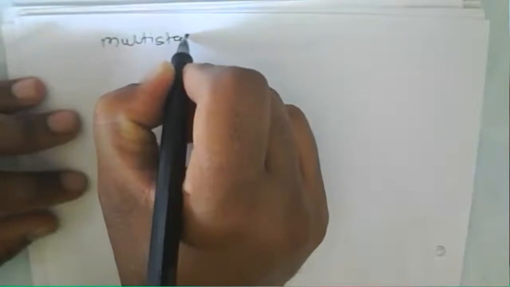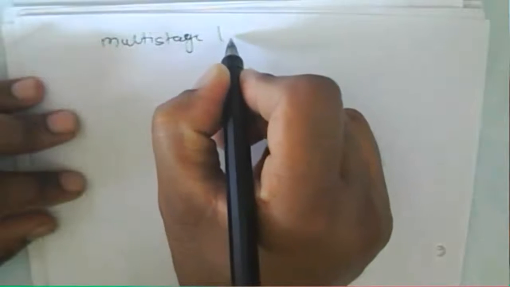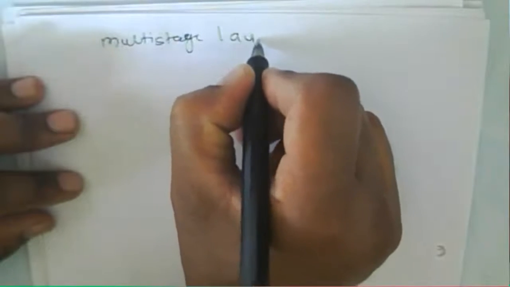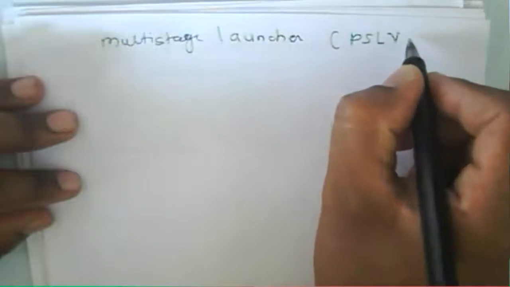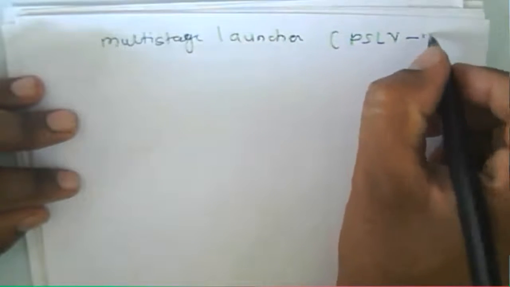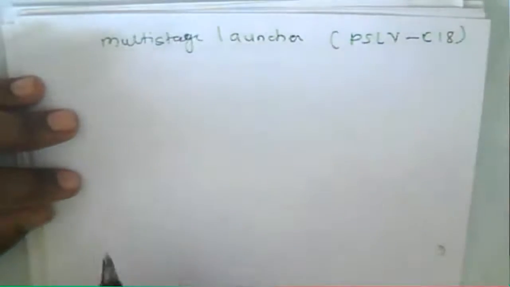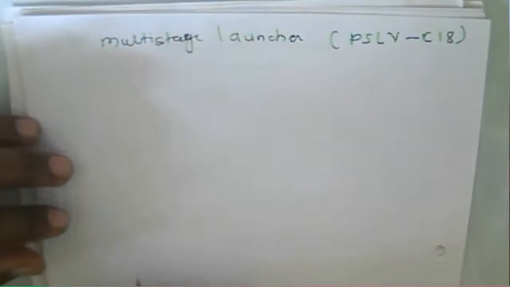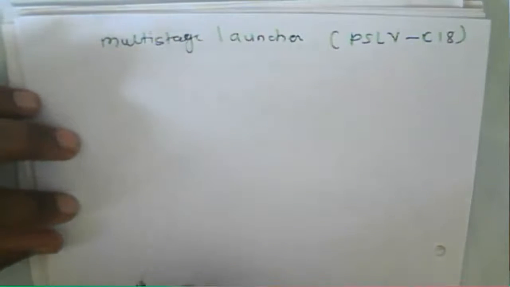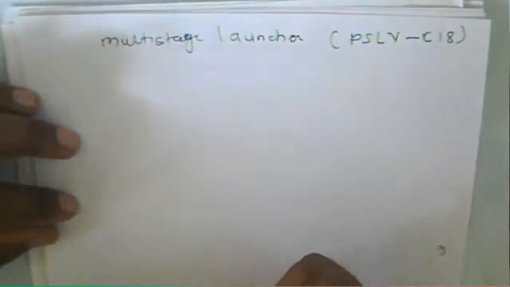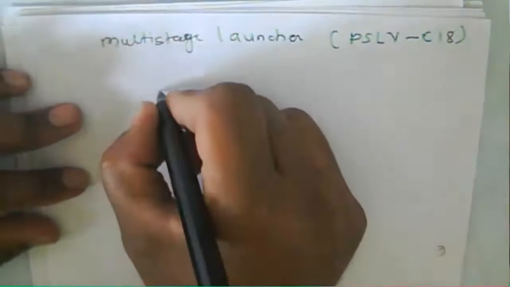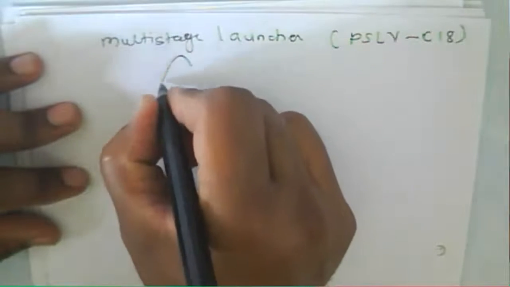One sample example of a multi-stage launcher that we have taken from the ISRO website is PSLV C18, where liquid or solid fuel is used for generating the thrust.